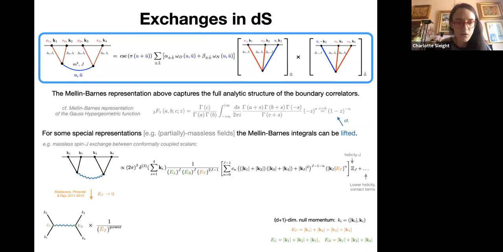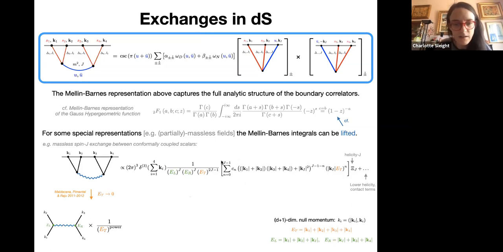This statement was made concrete by Maldacena, Pimentel, and Raju, who argued that the residue of the leading singularity in the total energy variable is what gives you back the high energy limit of the corresponding scattering amplitude in flat space, with the total energy conserving delta function stripped off. The intuition behind this is that the singularities in total energy arise from a region where all of the interactions are taking place at early times. And it's in this region where you can make this high energy flat space approximation.